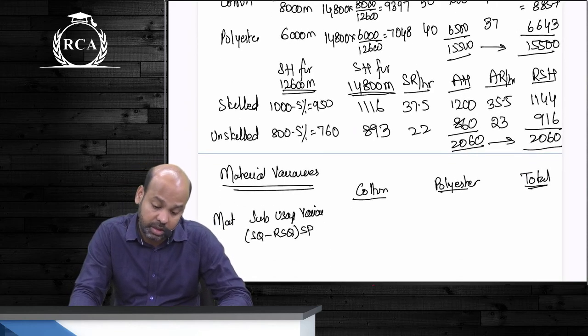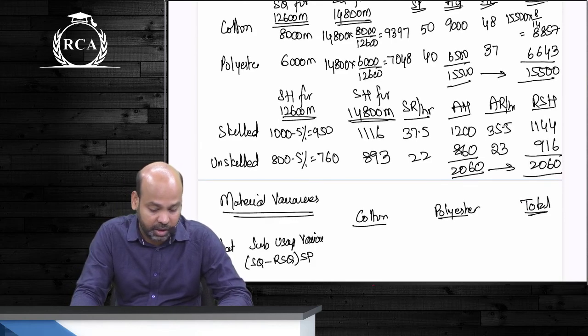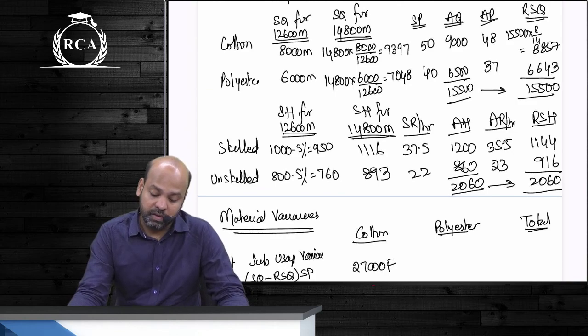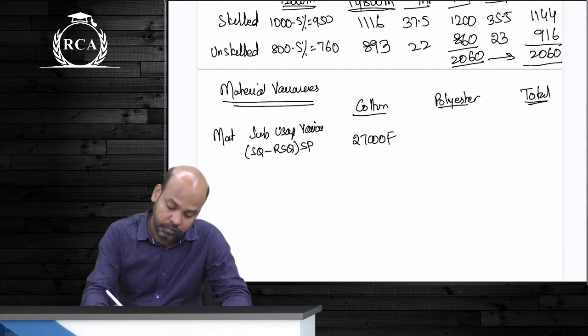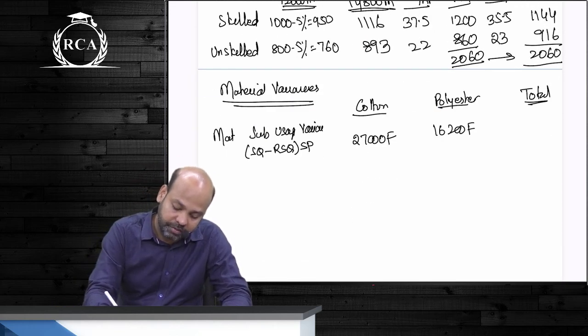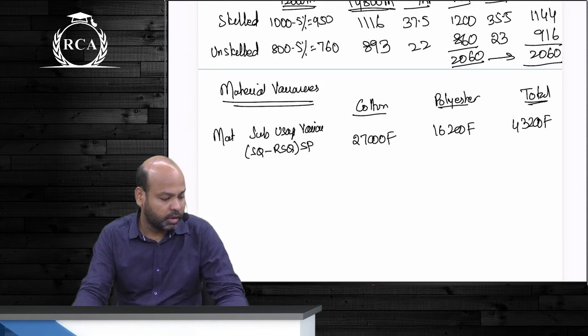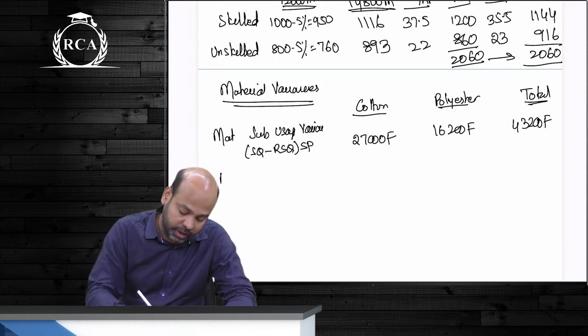Exact. 27,000 favorable, beta. For polyester, 7048 minus 6643 into 40 rupees. 16,200 favorable. Put together 43,200 favorable. This is material sub-usage, also known as yield variance.